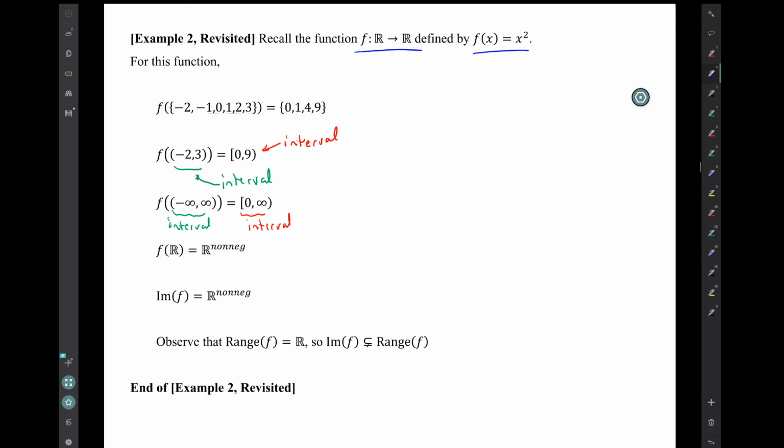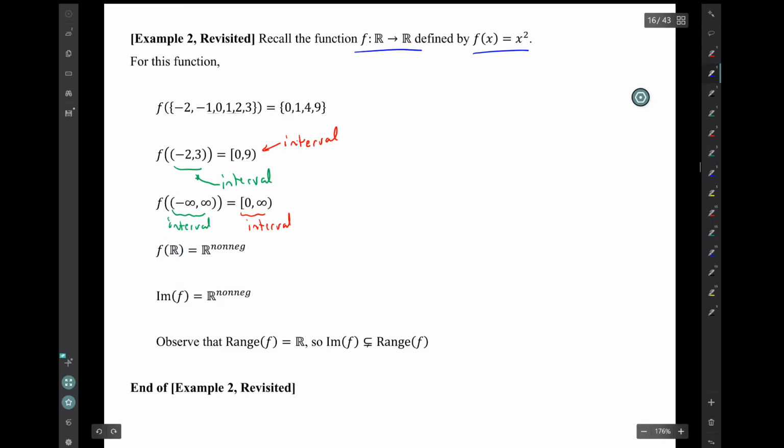Now there are lots of different ways of writing this symbol. That same symbol can be written this way, f parentheses capital R, and that's for the symbol on the left. The symbol on the right can be written this way, the non-negative real numbers, the numbers greater than or equal to 0. We can also write this. This symbol stands for the image of the function f.